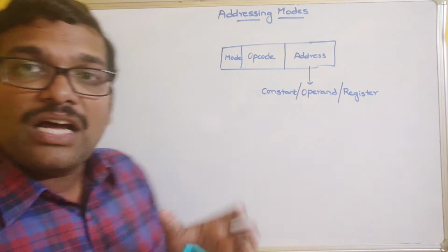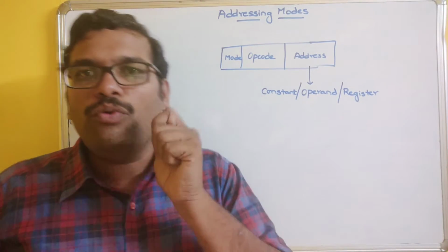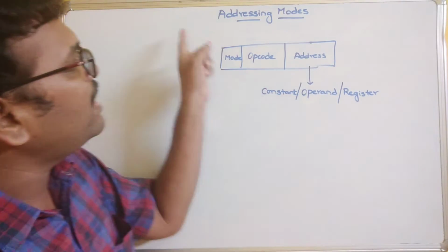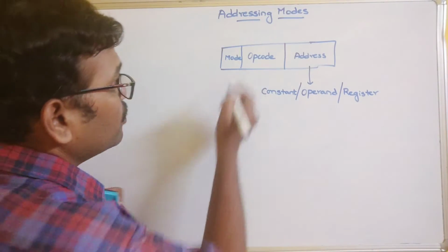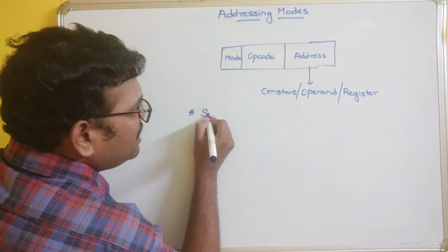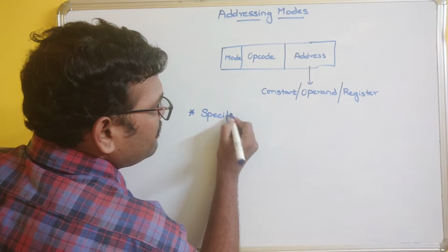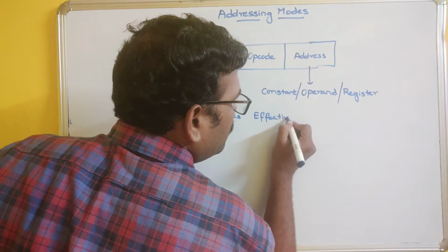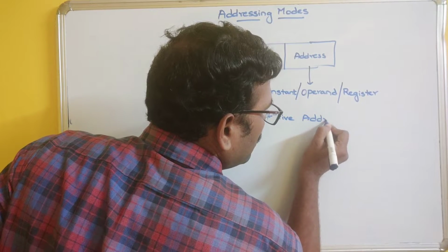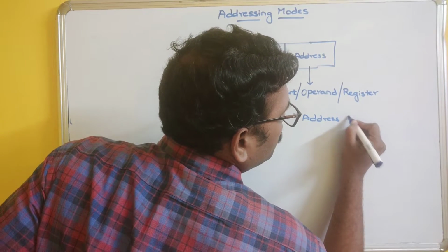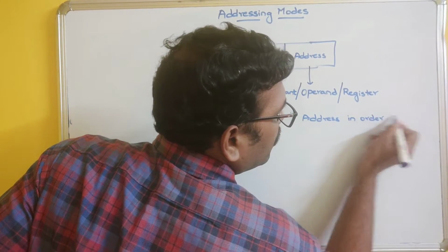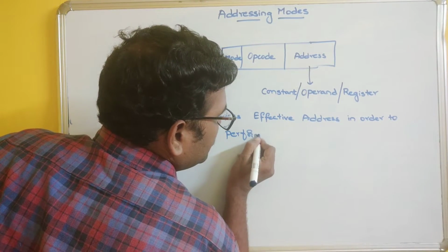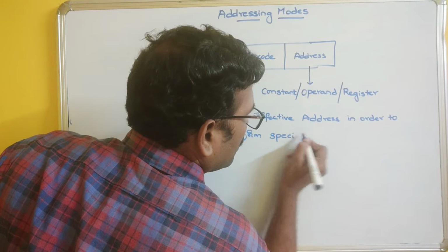So how to get the effective address to perform some operation is known as the addressing mode, right? This addressing mode specifies the effective address in order to perform a specific operation.